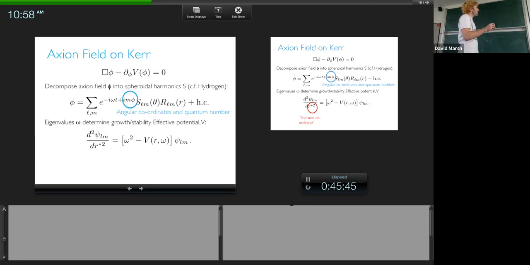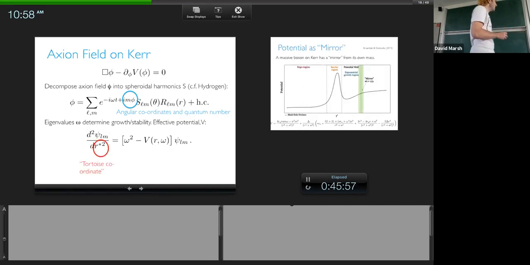In some limits you can simplify the equation box into an effective Schrödinger-like equation in terms of a new radial coordinate r star, the Wheeler-someone tortoise coordinate. So d²ψ_lm/dr star squared is simply equal to the energy eigenvalue omega, which you have to find, minus some effective potential acting on your eigenfunction ψ_lm.